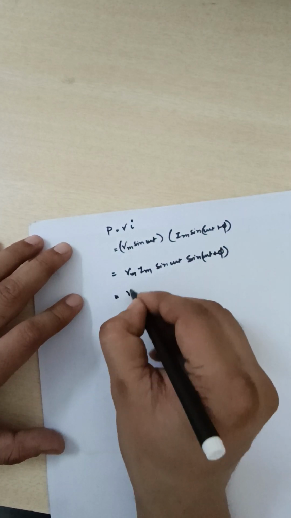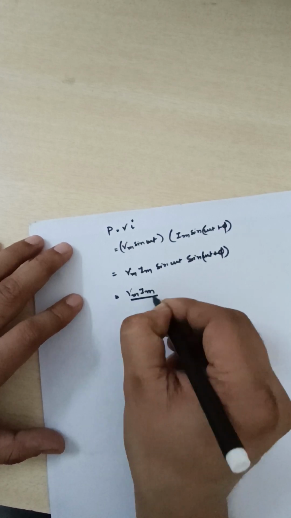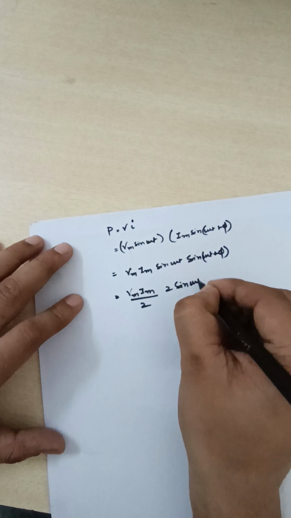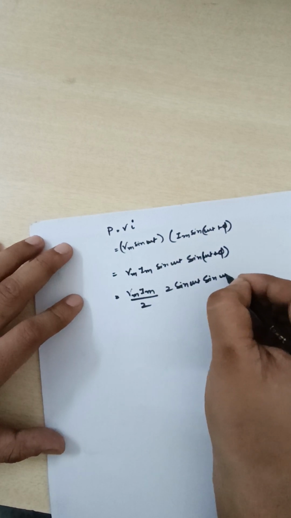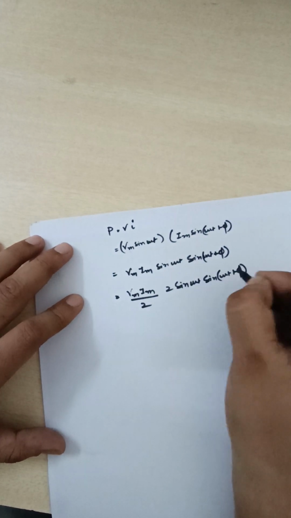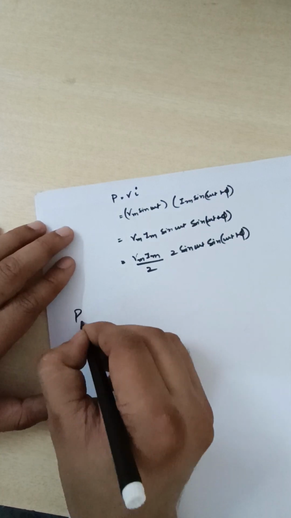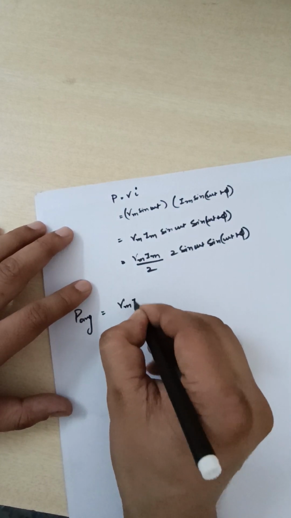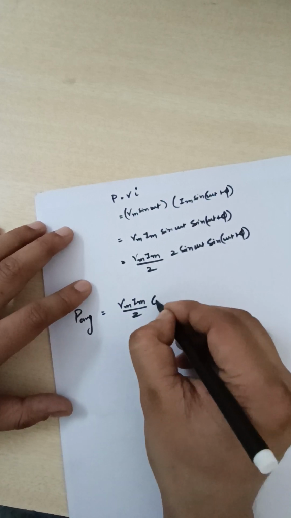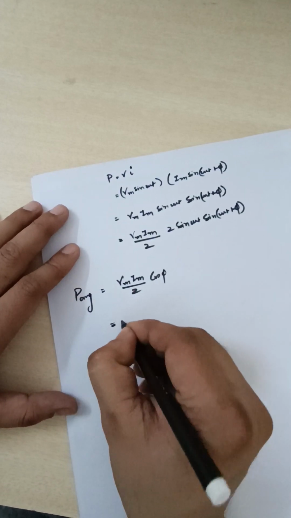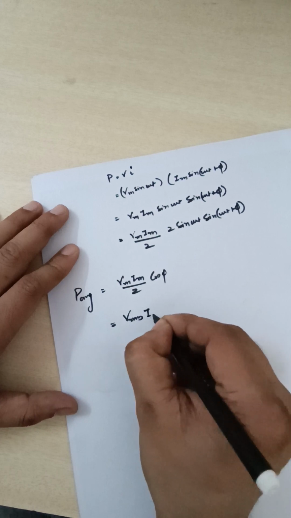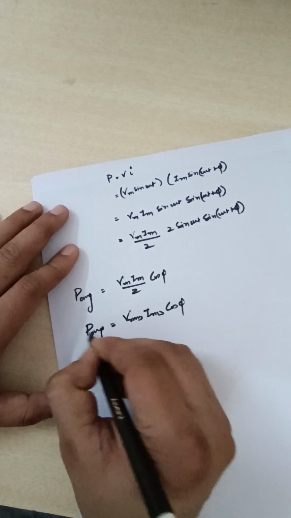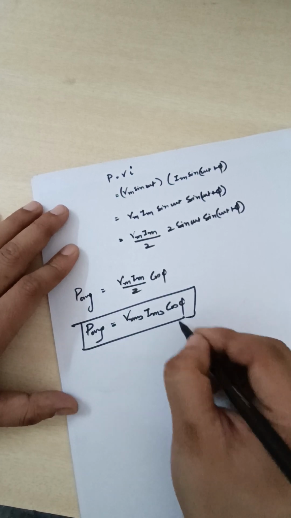Okay, we can write the same as in the case of the RL series circuit. Similarly here, the same procedure can be followed. Now what will be the average power after solving it? P average will be equal to Vm Im by 2 cos phi. So you can write Vrms Irms cos phi. This will be the average power. Clear?